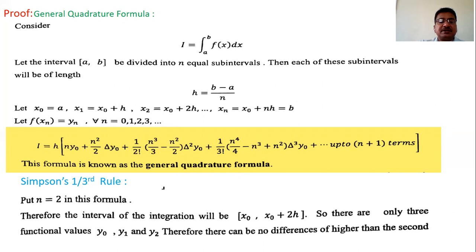In Simpson's 1/3 rule, we put n equal to 2, which means we take two intervals at a time for integration. And in Simpson's 3/8 rule, the third rule, we substitute n equal to 3 in the general quadrature formula. That means in the 3/8 rule, we are taking the integration over three intervals at a time.